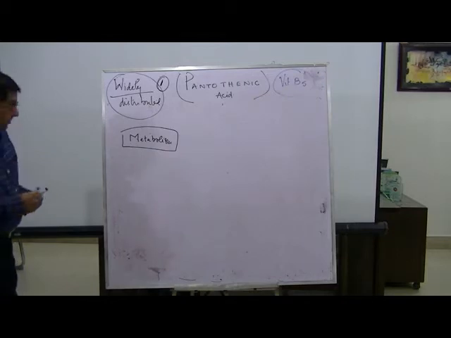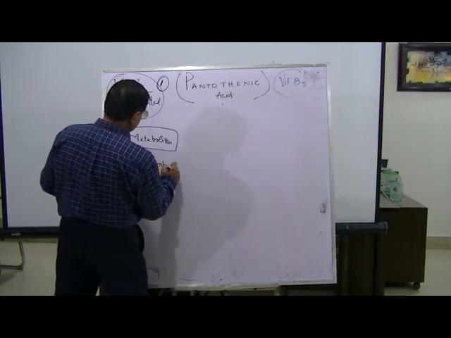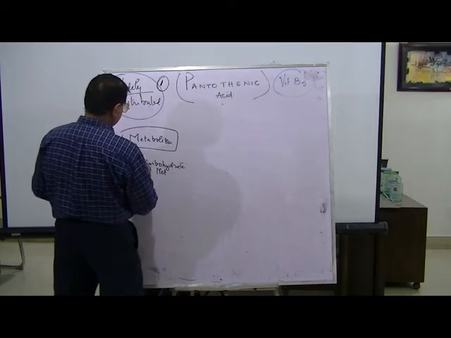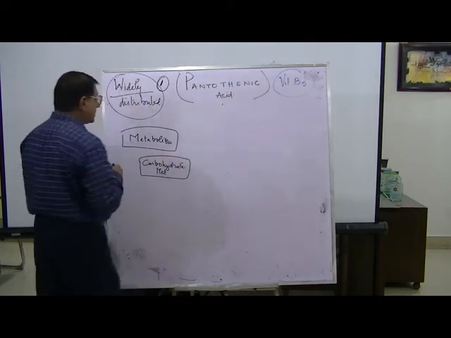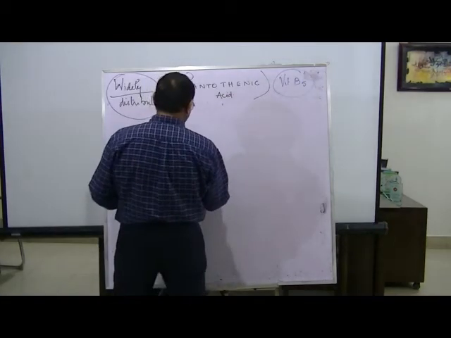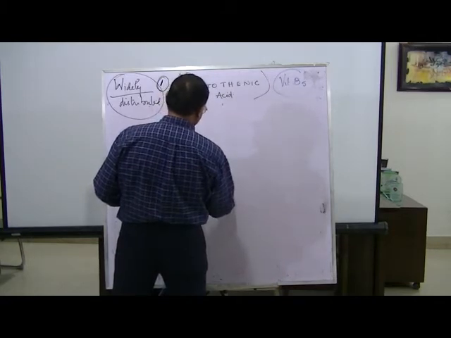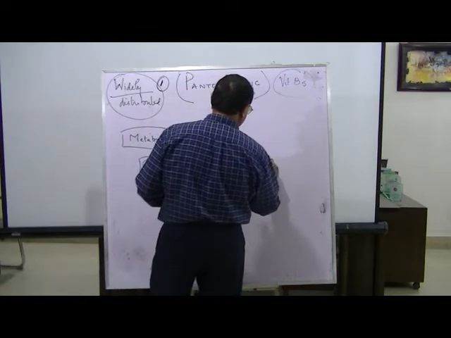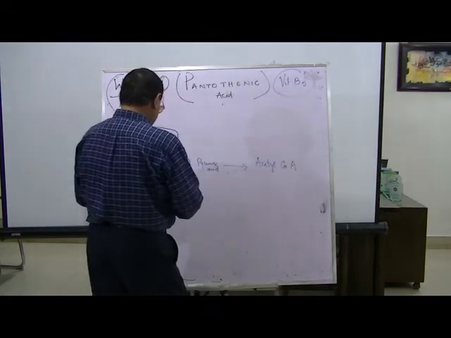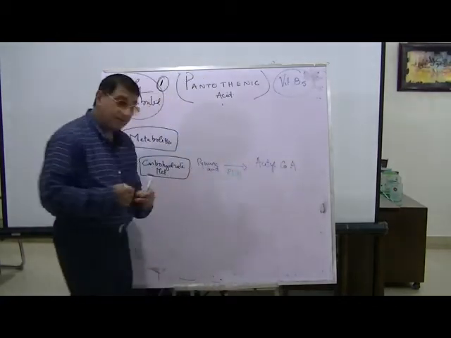In carbohydrate metabolism, it is involved in conversion of pyruvic acid to acetyl CoA. The enzyme is pyruvate dehydrogenase, right?